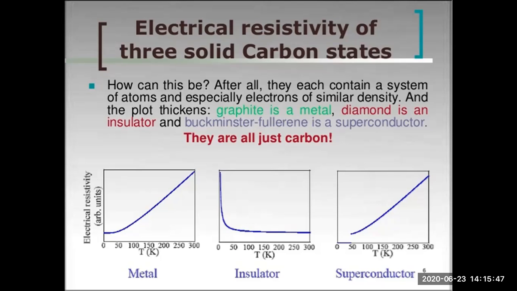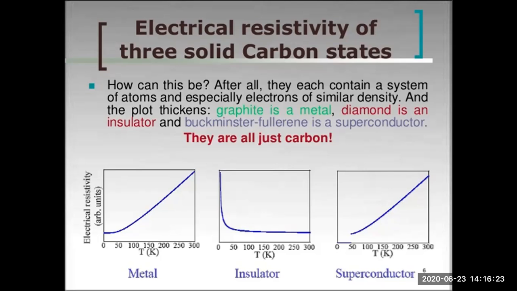So the reason is that they are basically graphite. That's why it's a metal, and diamond is an insulator. So whatever the metal, the insulator or the superconductor, their construction is the same. How can this be? After all, they each contain a system of atoms, where the atoms are arranged in a particular pattern, and especially electrons of similar density.